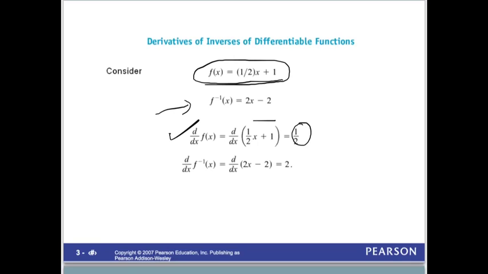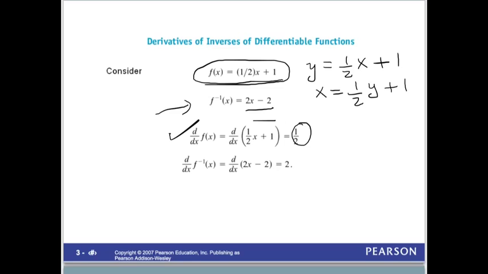Now, we claim that the inverse function can be written as 2x minus 2. Let's follow the procedure for how we would show that that is indeed the inverse function. We write down first y equal 1/2 x plus 1. If we want to find its inverse, we interchange x and y, get x equal 1/2 y plus 1 after you interchange x and y.